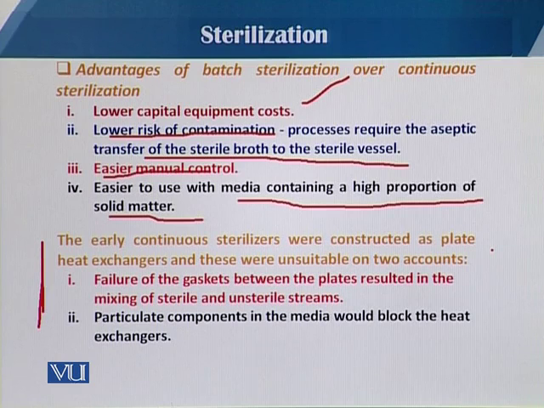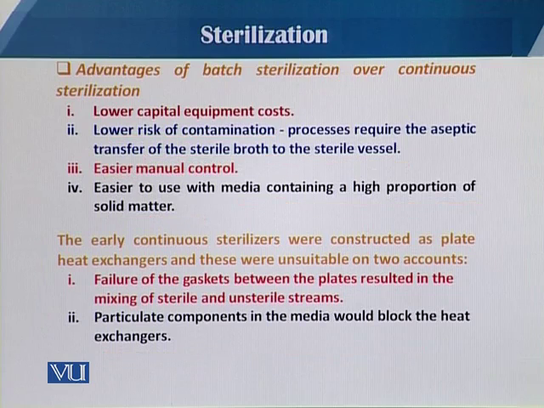Number one, failure of the gasket between the plates resulted in mixing of sterile and unsterile streams, because in a heat exchanger with a plate between the two, if there is any leakage, the sterilized and unsterilized medium can mix. Number two, particulate components in the medium would block the heat exchangers, because there are very small passages, so a viscous medium can block the heat exchanger and cause more loss.